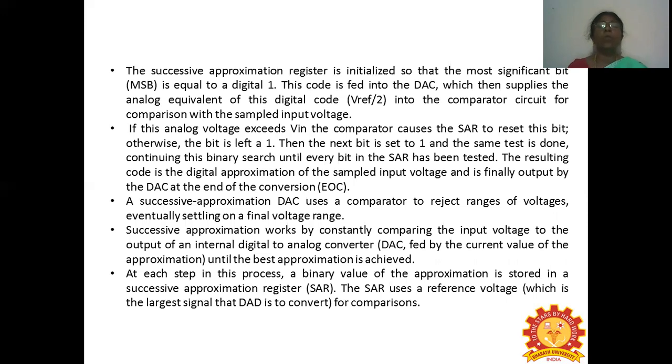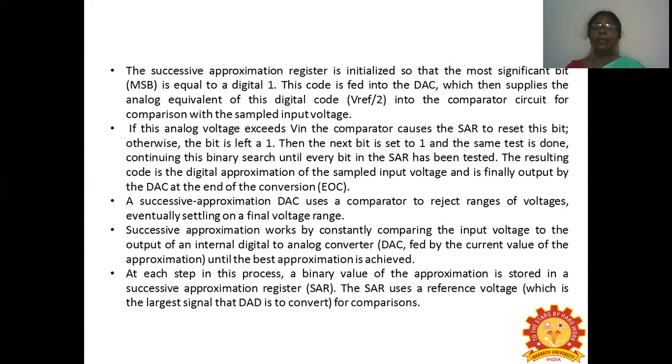The successive approximation register is initialized. Initially, we assign a value to the SAR so that the most significant bit is equal to digital value 1. Now we are setting the SAR to 1. This code is fed to the digital to analog converter.